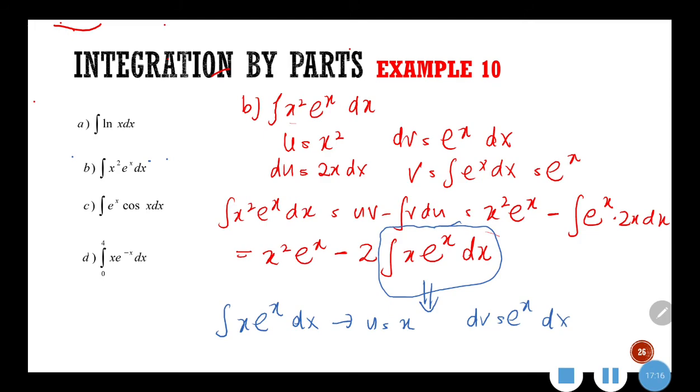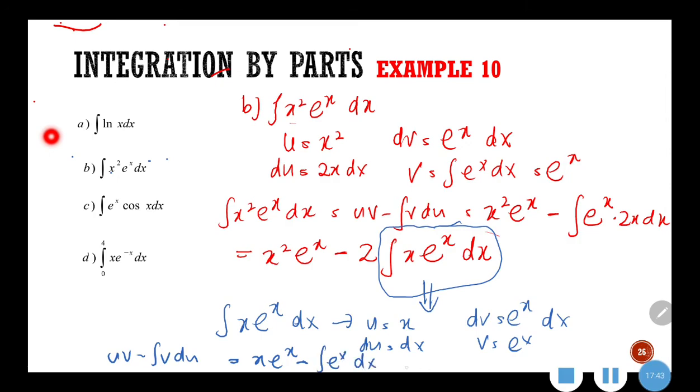Okay, so daripada sini kita akan dapat again du equals dx and then v equals e to the power of x. Okay, so for this case kalau guna formula kita akan dapat uv minus the integration of v du. uv is x e to the power of x minus the integration of v, e to the power of x dx.